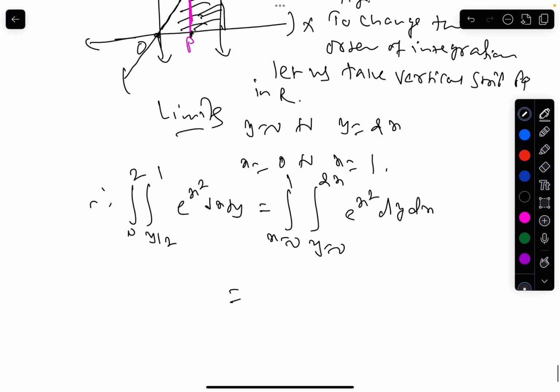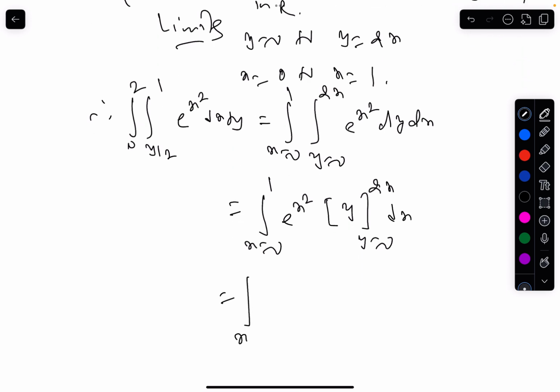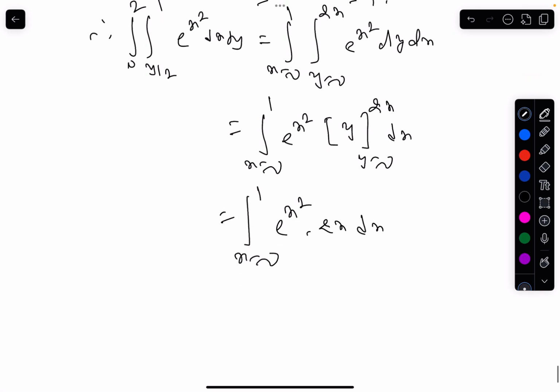Now integration with respect to y. So e power x square integration is y is 0 to 2x dx. So x is 0 to 1, e power x square, this is 2x dx. And if I say x square equal to t, then 2x dx is dt. And limits will not change.